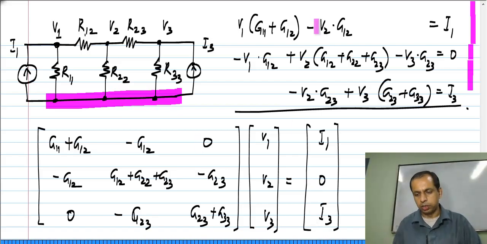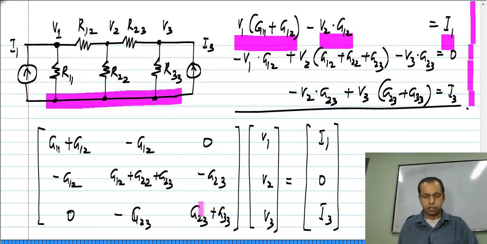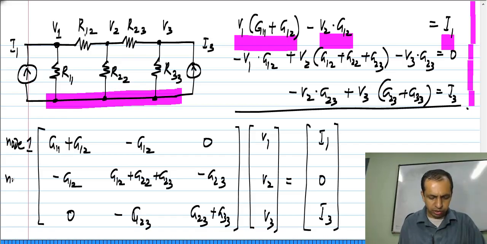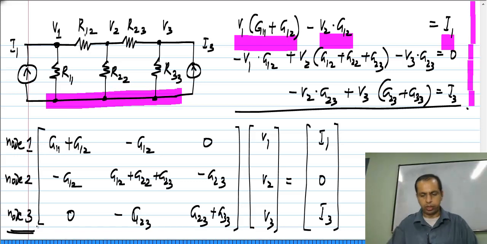Clearly, the first row corresponds to the first equation, G11 plus G12 times V1, which is what we have here, minus G12 times V2, which is what we have here, equals I1, which is what we have over there. So, you can go term by term and identify each equation. Okay. So, the first row corresponds to node 1, the second row to node 2 and the third one to node 3. Okay.